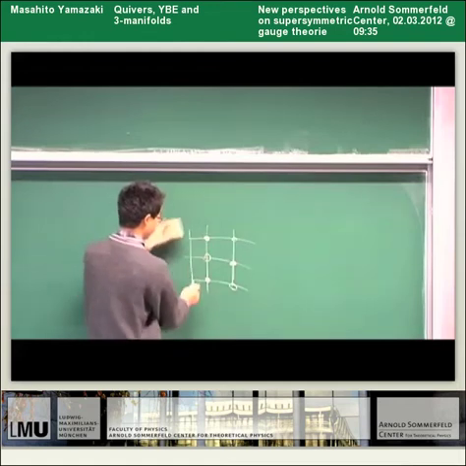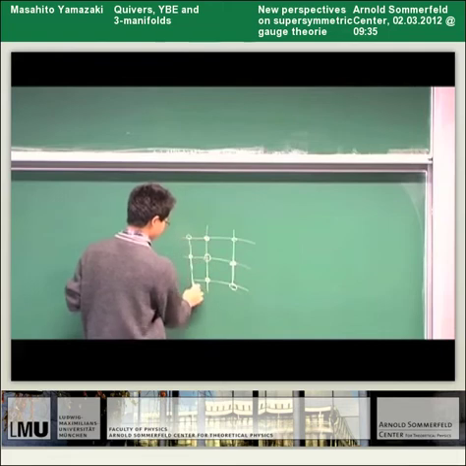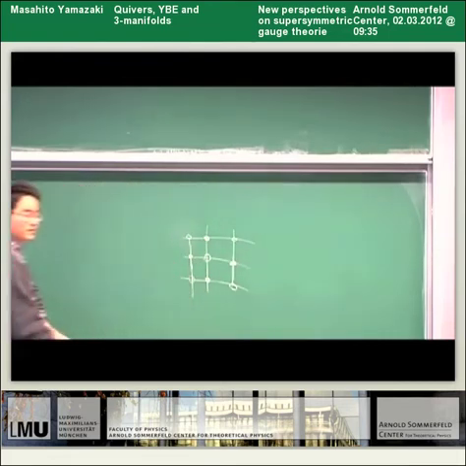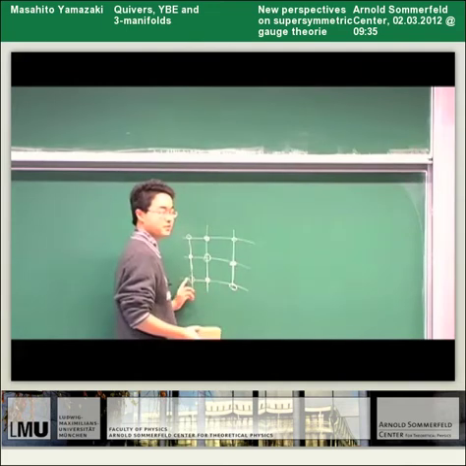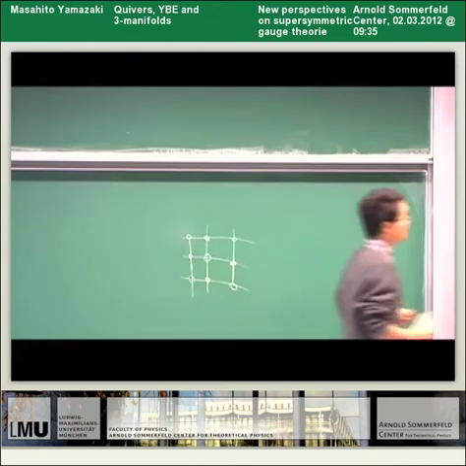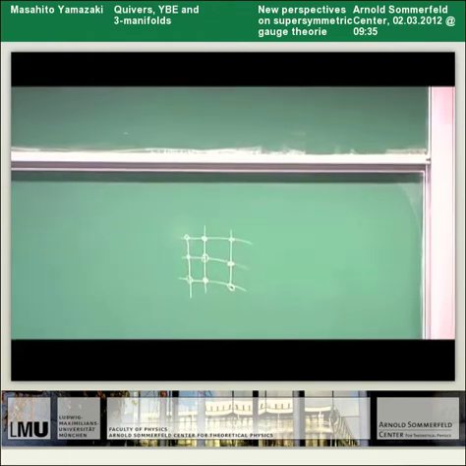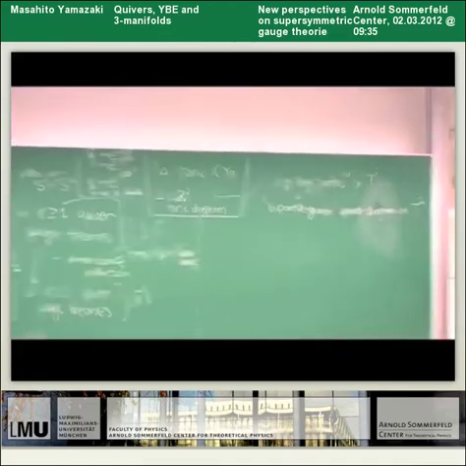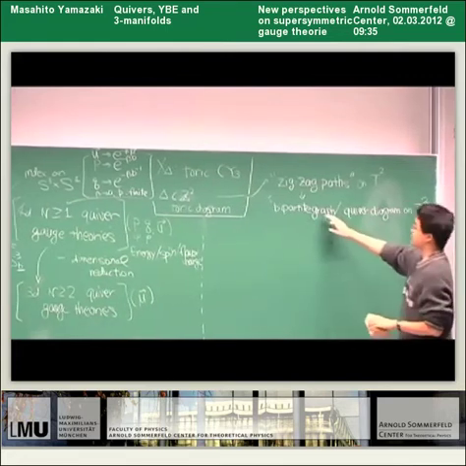You could make a more complicated example, but the most typical example, which appears in condensed matter systems, etc., is this graph where white is connected to black, black connected to white, etc. So this is a particular type of combinatorial object, and in this context of quiver gauge theories, these are called brane tilings, as has been worked out in a number of papers by Amihay Hanany and his collaborators.